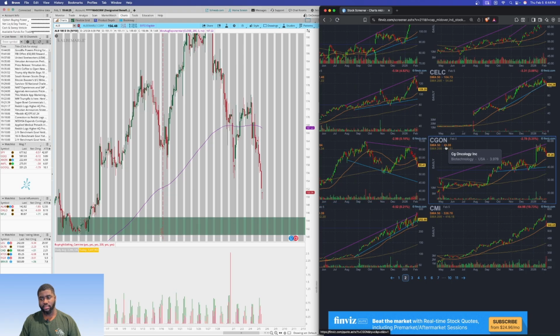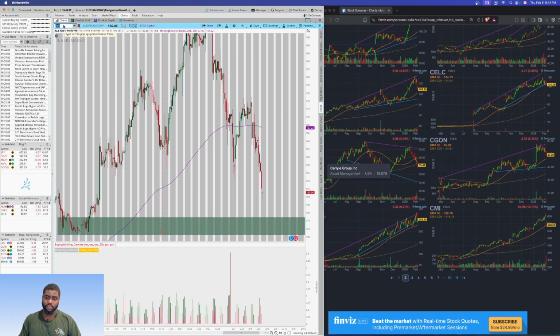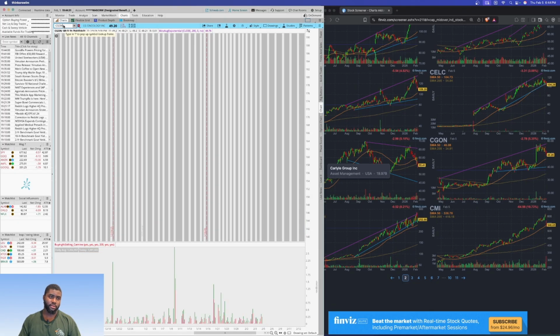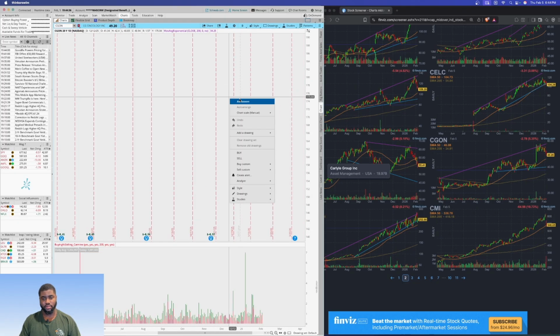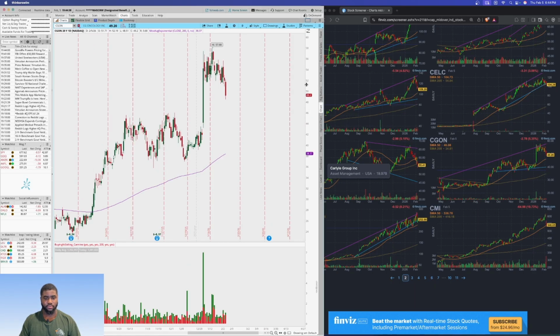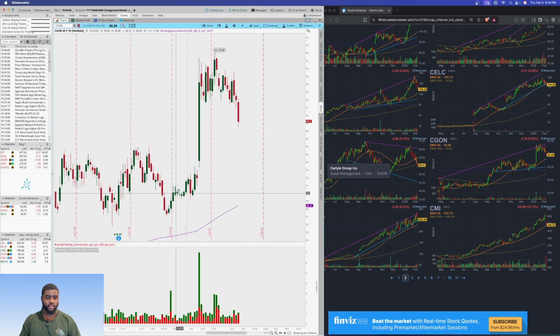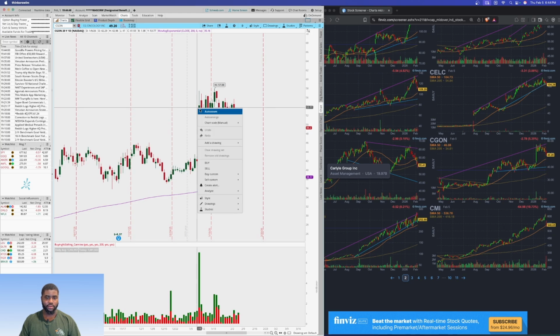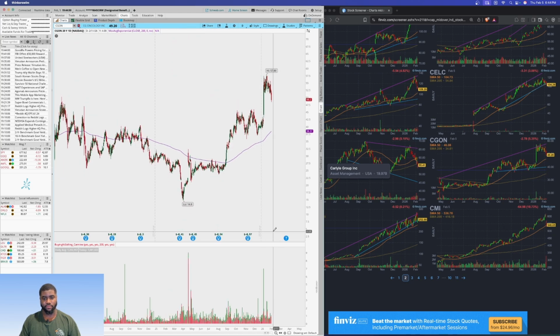Okay, CGON. CGON on a daily. Over here, as you can see, another demand. A very sharp rally up. It's now making a pullback. Even if it's not for demand, you can pull your Fibonacci too.